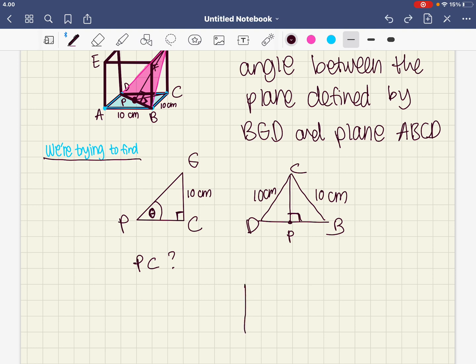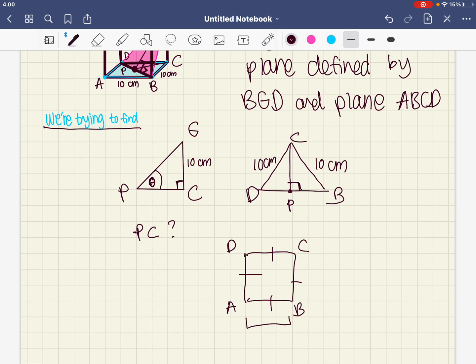Sorry for my ugly sketch here. So DCBA. This is 10. That is also 10. So this diagonal here is square root of 200. Plus 10 squared plus 10 squared, square root that, Pythagorean theorem.